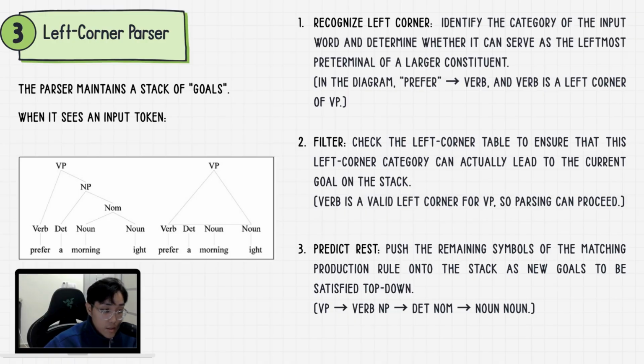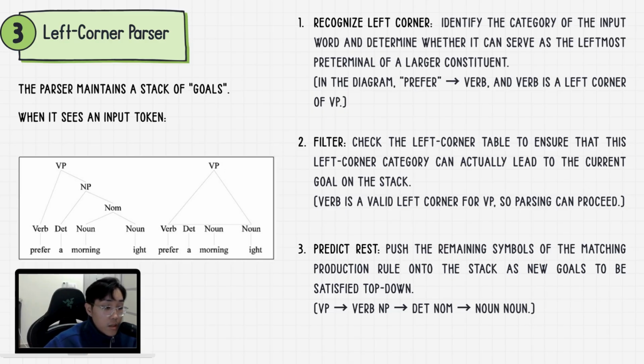Second, filter. The parser checks whether this left corner category can actually lead to the current goal on the stack. If the goal is a VP and the verb is a valid left corner for VP, then parsing can continue. Thirdly, predict the rest. Once the left corner matches, the parser pushes the remaining symbols of the production rule onto the stack as new goals.